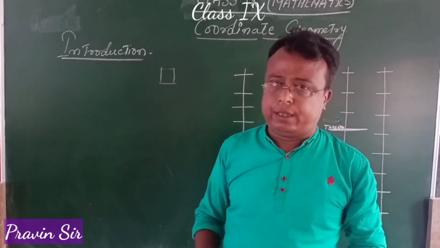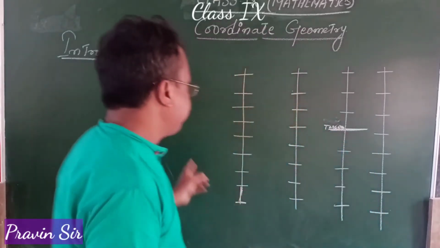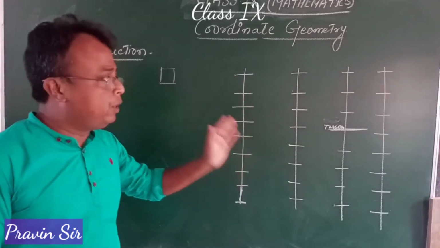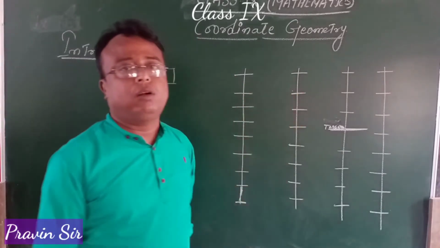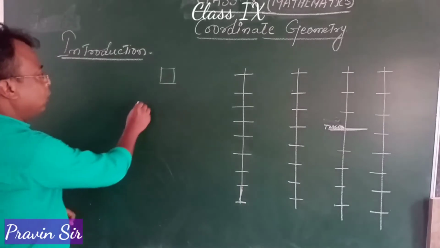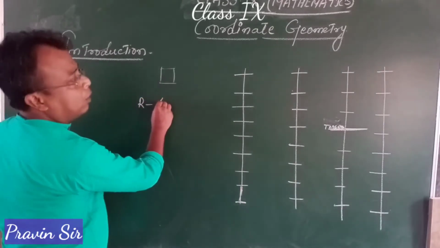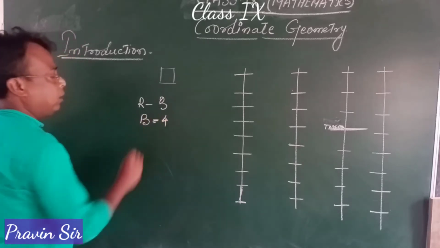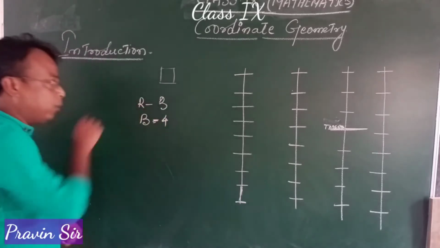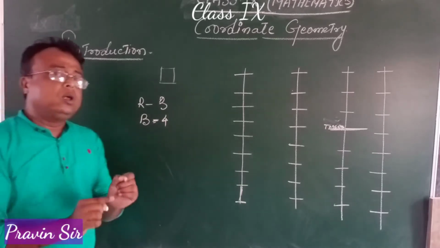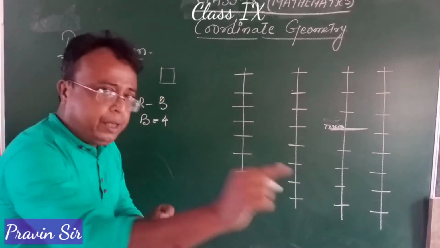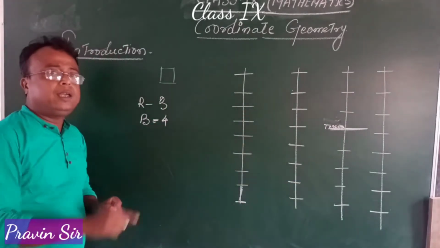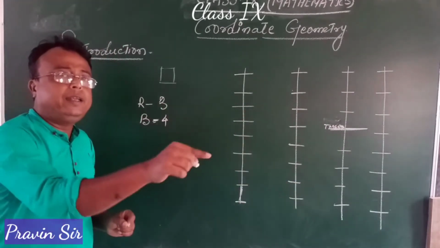If I say to that man, go to row number 3, bench number 4, two pieces of information, row number 3 and bench number 4, you will find whom?